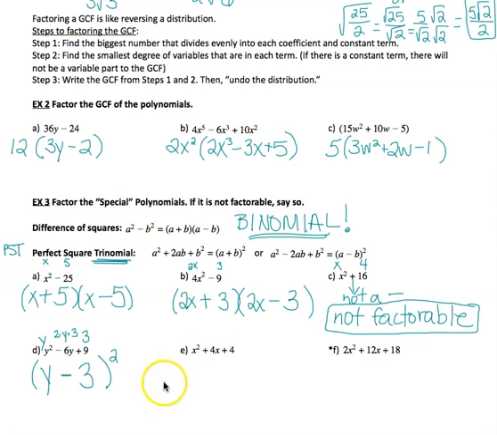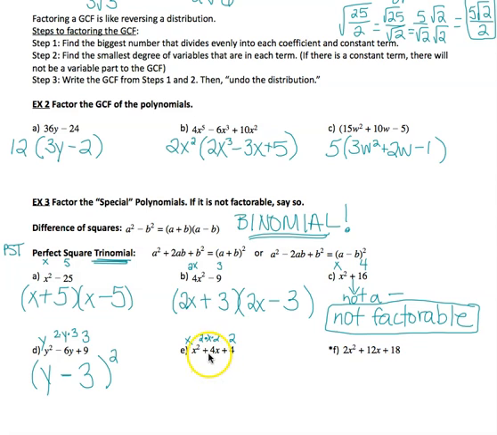All right, so now we're going to look at E, also a trinomial, which means I'm looking for the same thing. So do I have square roots in front and back? This would be x, this would be 2, so that's a yes. In the middle, is that middle term 2 times these two things that we wrote down? So x times 2. 2 times x times 2 is 4x.